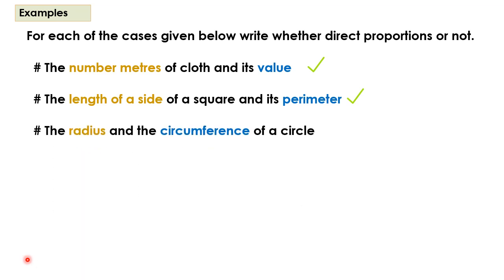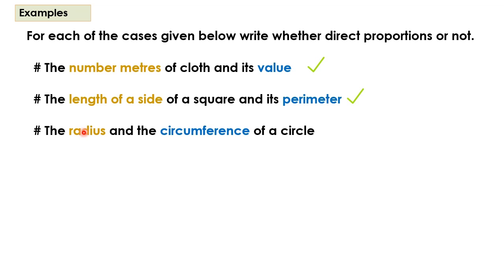Let's go for the third one. The radius and the circumference of a circle. When the radius is the first quantity and the circumference is the second quantity, when you substitute some values and check the circumference of the corresponding radius, once again it is clear that this is going to be direct proportions, because if radius is r, circumference is 2 pi r.